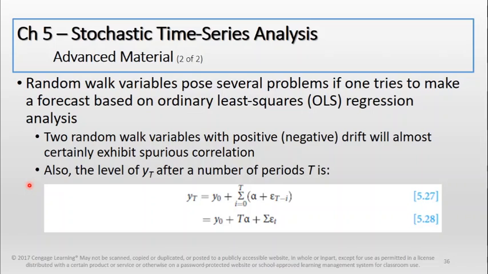Now, the second problem posed by random walks is that the level of Y t after a number of periods T is denoted by this formula: the cumulative sum of the drift parameter plus all the white noise errors up to period T. Another way of describing this phenomenon is to say that all innovations to random walk variables result in permanent effects.